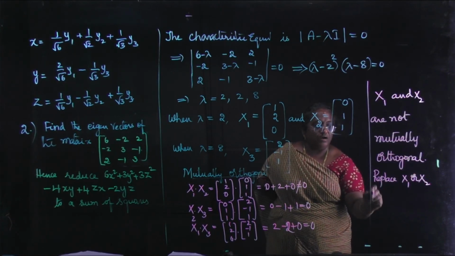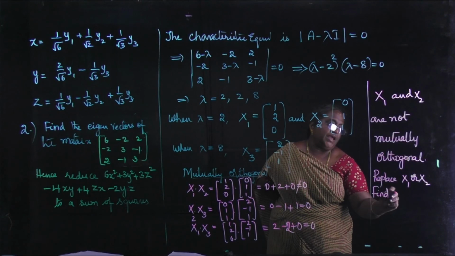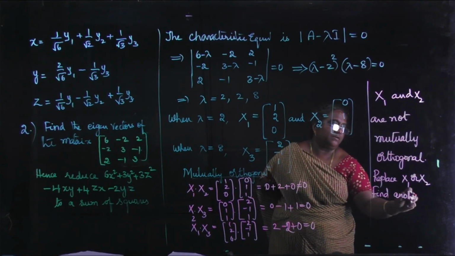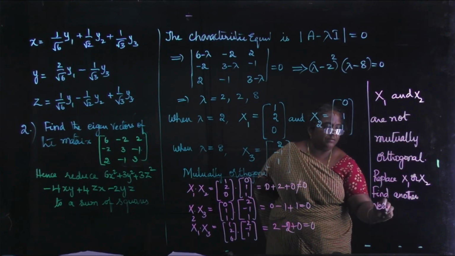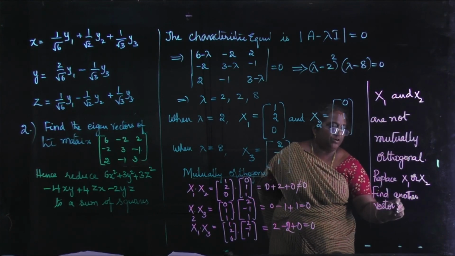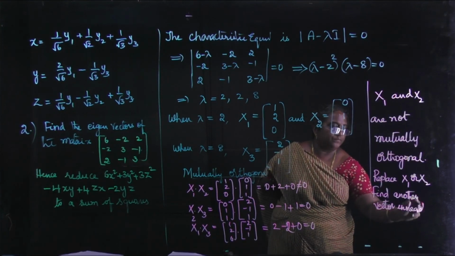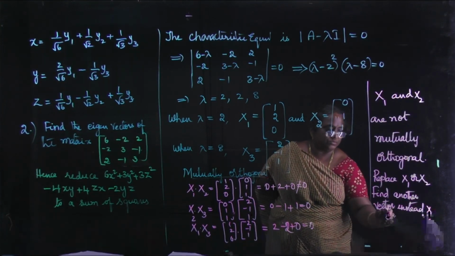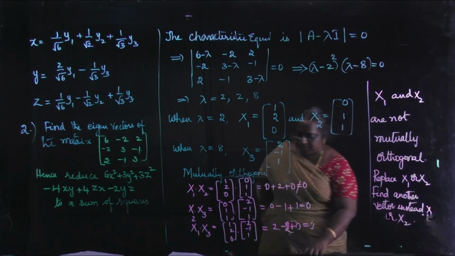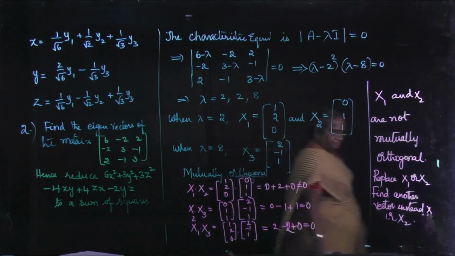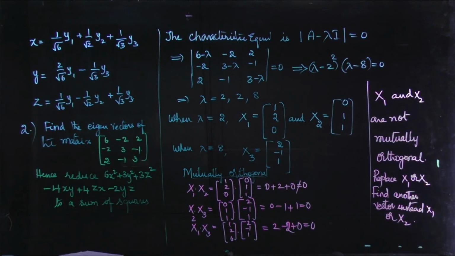Means we have to find another vector instead of x1 or x2. So we shall see that. See the problem once.